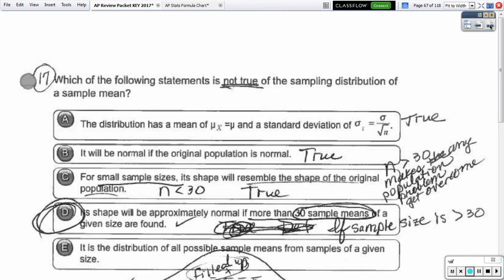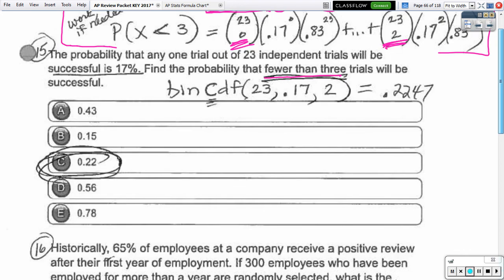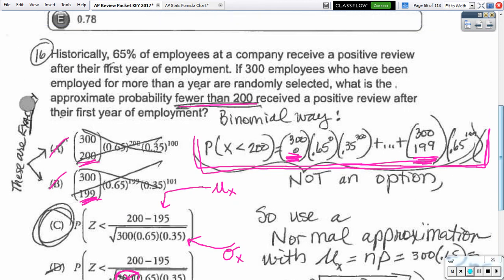I want to take just a second to talk to you about why I say this is a binomial situation. If I'm thinking about the number of employees that received a positive review, technically that's a discrete amount. You're going to have just 199 or 198 or 197 or whatever positive reviews.